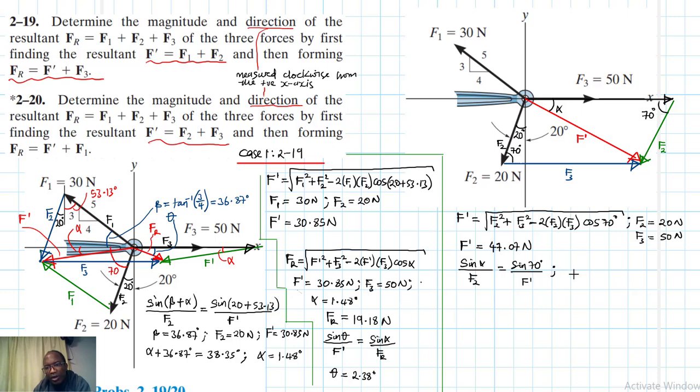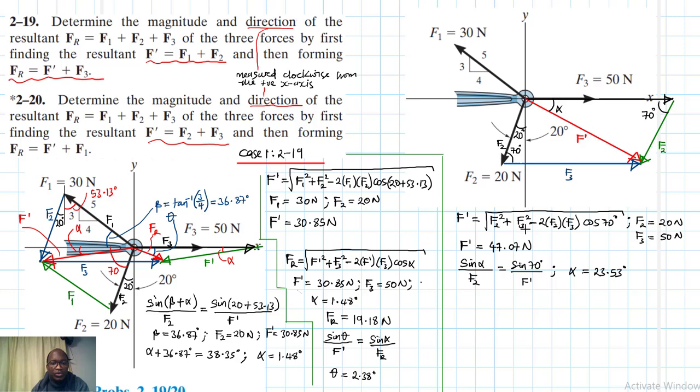We know f prime and f2, so making alpha the subject, alpha equals the inverse sine of 20 sine 70 divided by 47.07, which gives 23.53 degrees. So we found alpha and we found f prime.